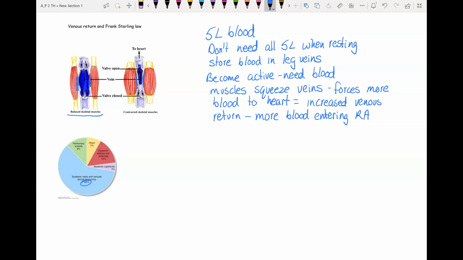Remember end diastolic volume, the amount of blood that fills the heart? That number is going to go up now. You're now going to have a higher end diastolic volume. You're filling the heart with more blood.